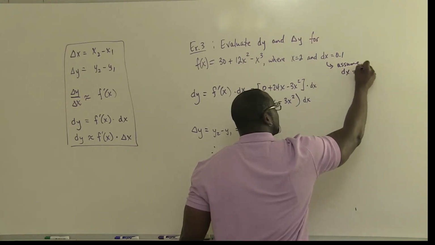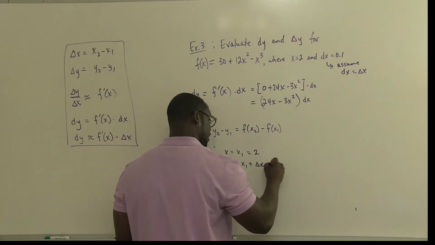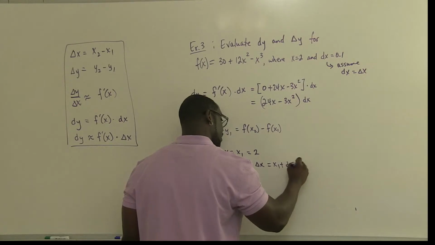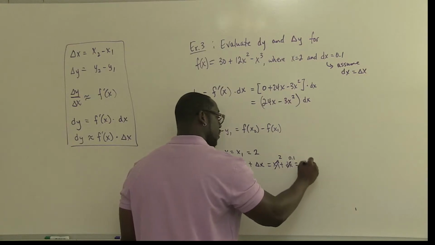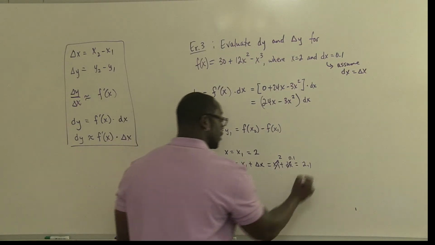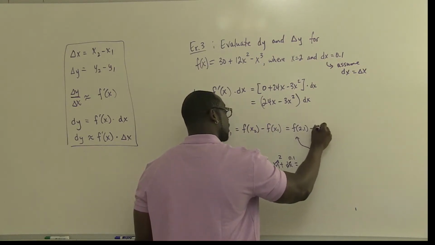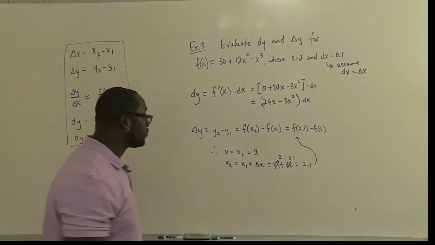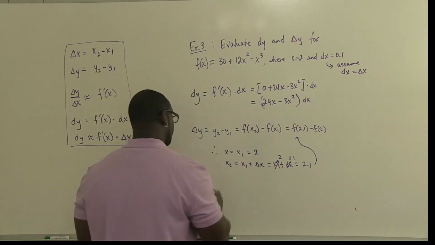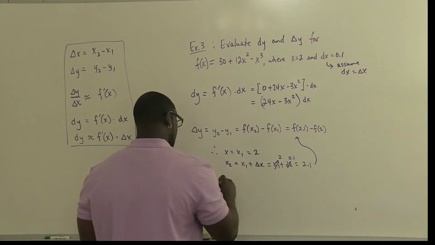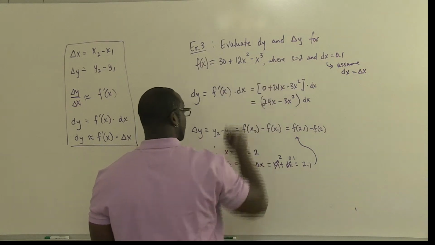In this case, since we have an exact value for what dx is, we can assume that dx is going to be equal to delta x. And so, of course, if this is 2 and this is 0.1, then that will be 2.1. So coming back up here, this will be f of 2.1 minus f of 2. Now all we need to do is figure out what this is going to be. f is just this function here.